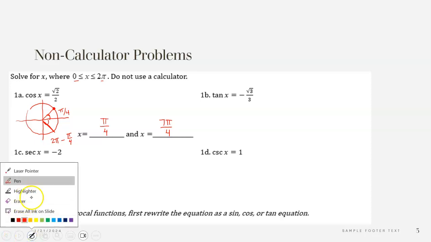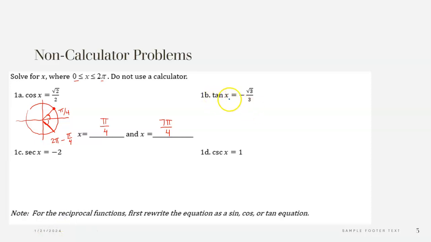All right. The next one is tangent is negative root 3 over 3. So I'm thinking about the ones that involve a square root of 3. And because tangent of theta would be sine over cosine, I want the cosine value to involve a square root of 3.